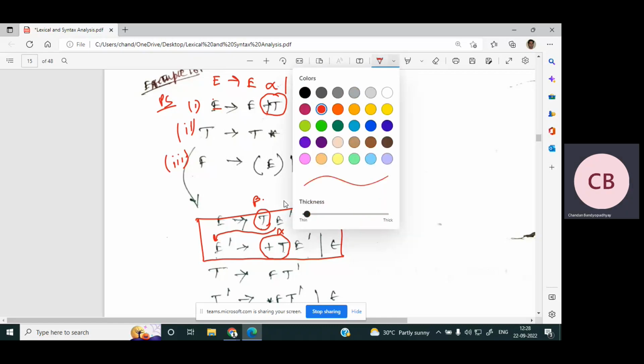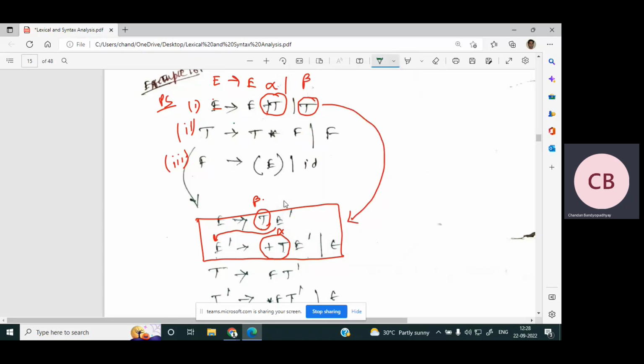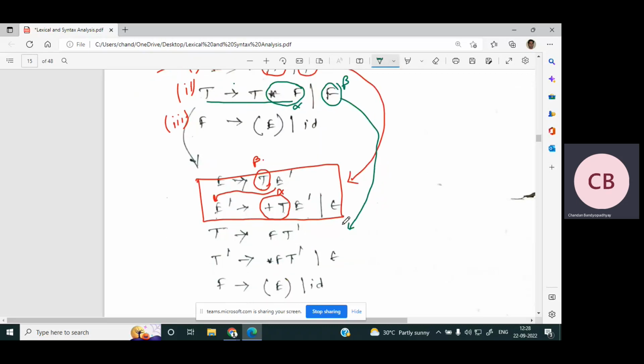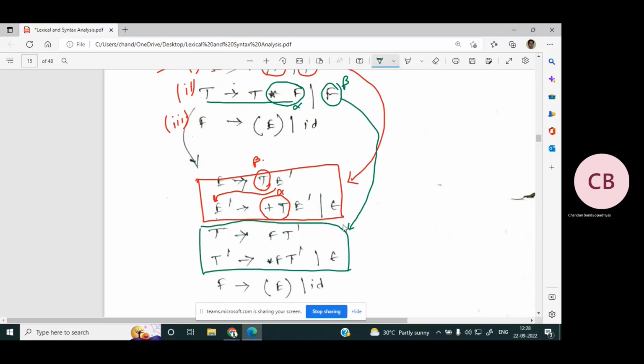Correct? In the same way, if you check the second production, T to T star F, here also left recursion is there. Here this part is acting as alpha and this part is acting as beta. For this, again, the left recursion is being removed over here. You should check how this left recursion is being removed from here.